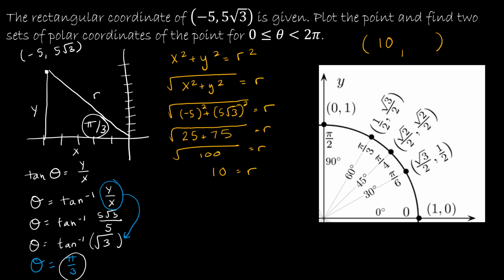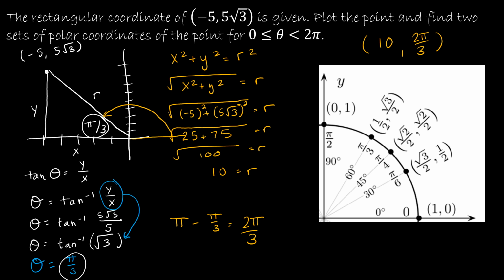This guy is pi over 3. So how do I know, because that's not what I want, remember I want this guy, well all I have to do in that situation is take pi minus pi over 3, which would of course be 2 pi over 3, and that is my correct angle. So 10, 2 pi over 3 is my solution.